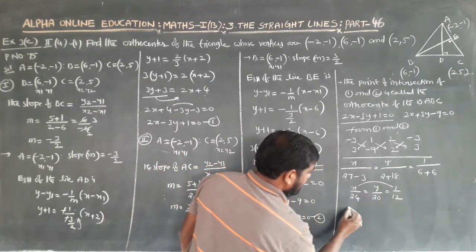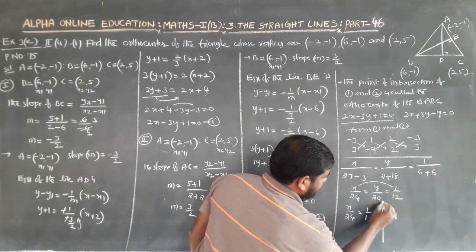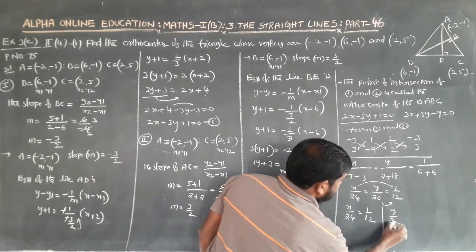Equating first and last, x by 24 is equal to 1 by 12, y by 20 is equal to 1 by 12.